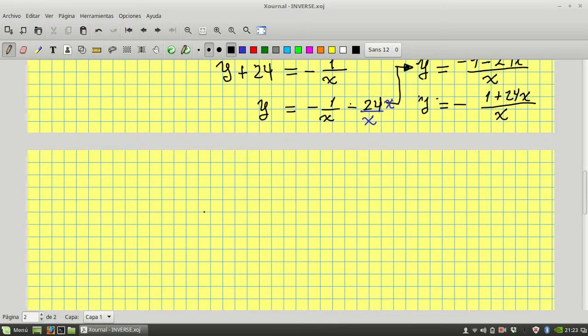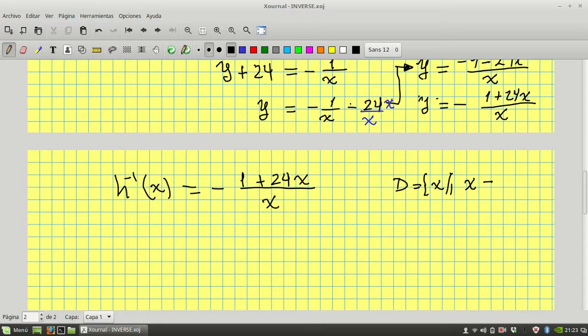Now we find the inverse, that is minus 1 plus 24x over x. Look at that here, the domain of this, it says that I cannot include any number that is equal to 0, because of the denominator.